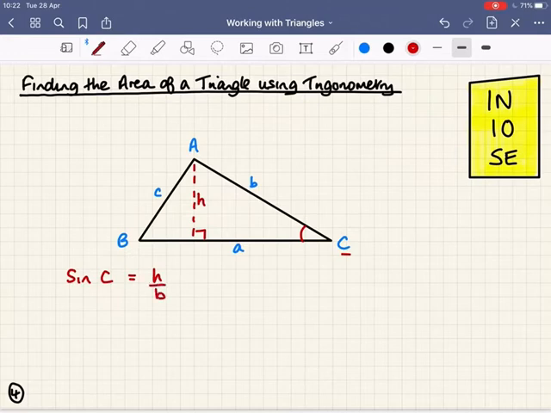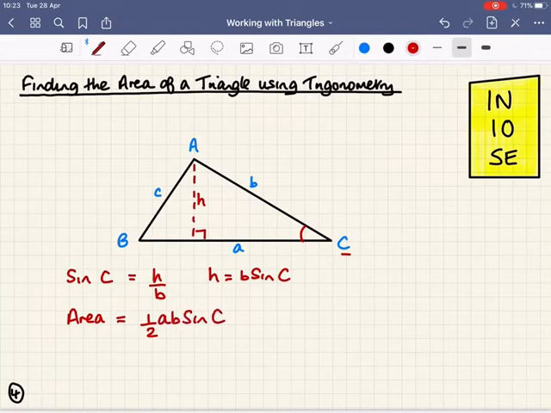If I rearrange that, the height of this triangle is actually b times sine C. And now I've got enough information to use half base times height to get the area. Area is half of the base, well, the base is a, and the height is b sine C.